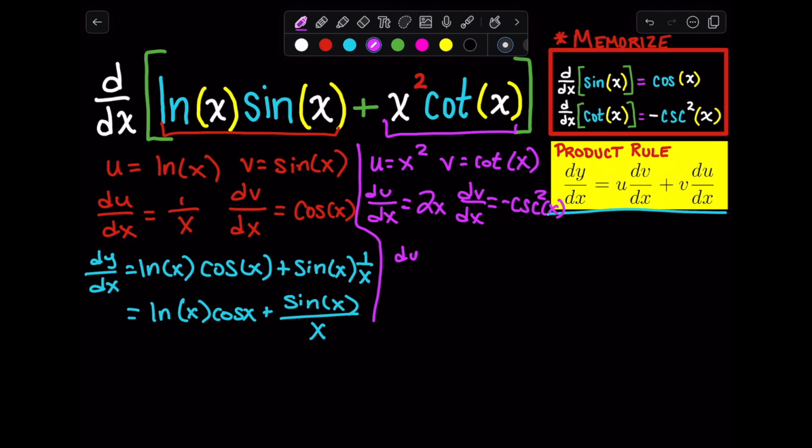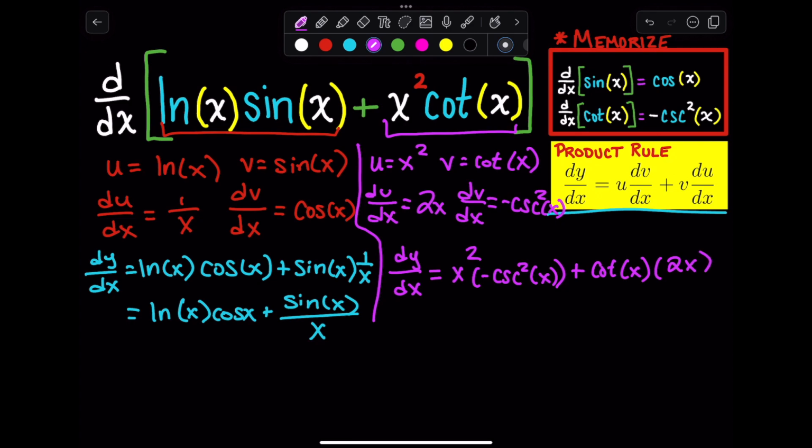Applying the product rule once again, we know that dy dx equals u, which is x squared, times dv dx, which is negative cosecant squared x, plus v, cotangent x, times du dx, which is 2x.